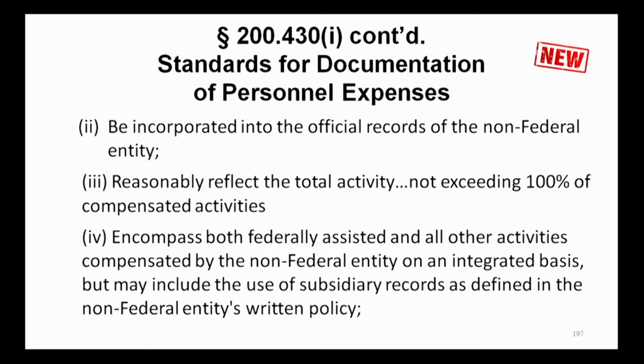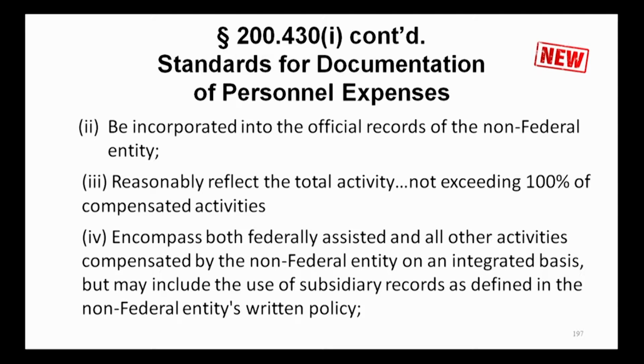And then also that time encompasses both your federally assisted and all other activities that are compensated by the non-federal entity on an integrated basis. May also include the use of subsidiary records as defined in your written policy.